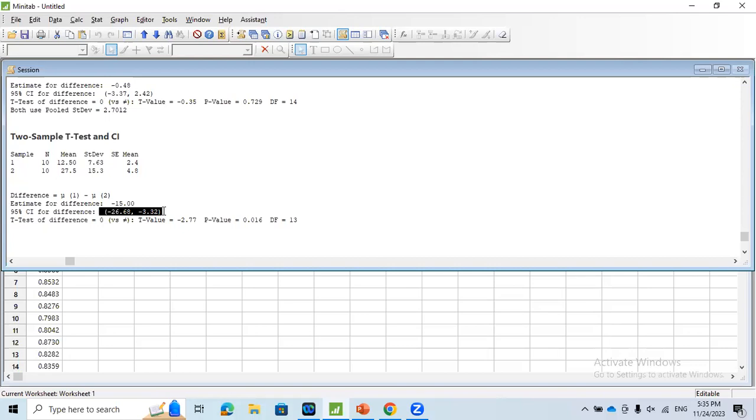Mu1 less than mu2. What does this mean? So 12.5 less than 27.5. And one is metropolitan. Why is metropolitan less than rural area?